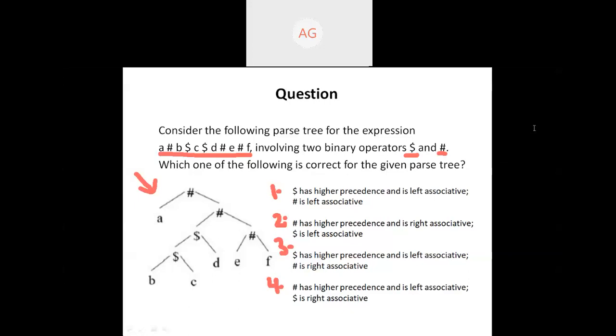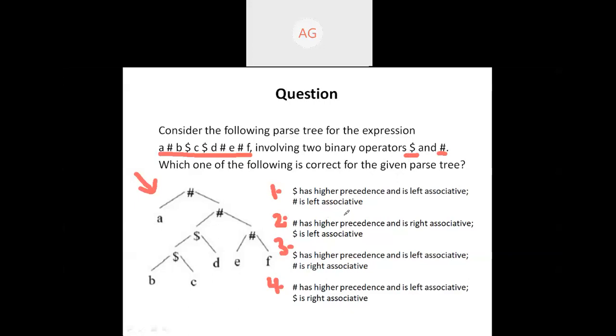Okay. So now we are going to solve this question. As you can see here, first we need to decide whether the two operators are left associative or right associative.